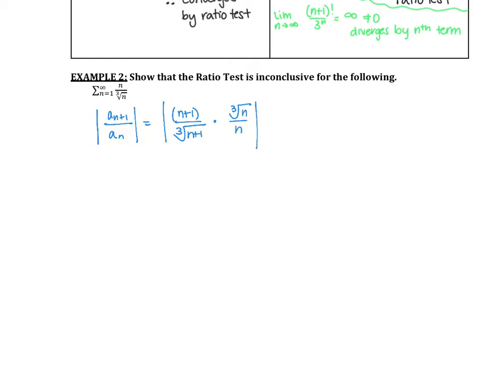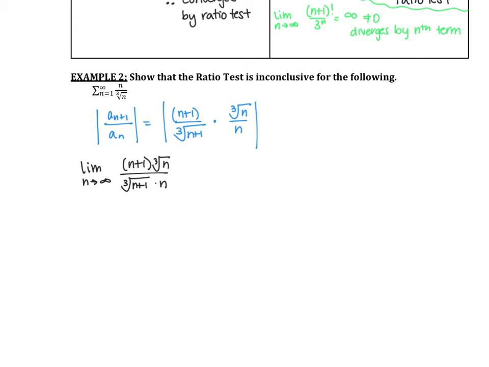Now, the bummer part here is there's really not a whole lot of simplification. So the problem that I'm going to be solving now is the limit as n approaches infinity of n plus 1 times the cube root of n over the cube root of n plus 1 times n.